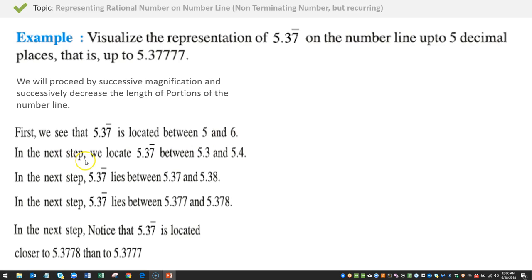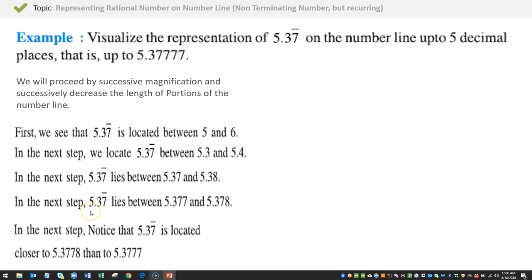In the next step, we locate 5.37777 between 5.3 and 5.4. In the next step, 5.37777 up to 5 terms lies between 5.37 and 5.38.